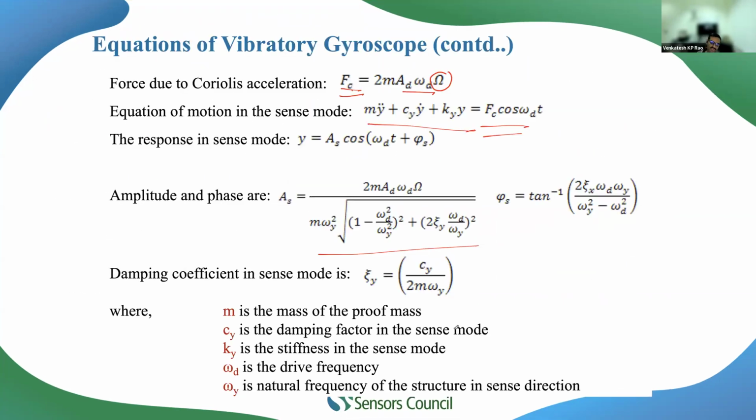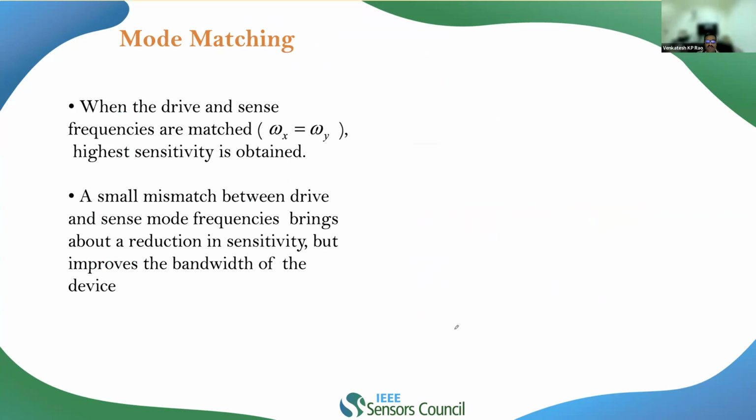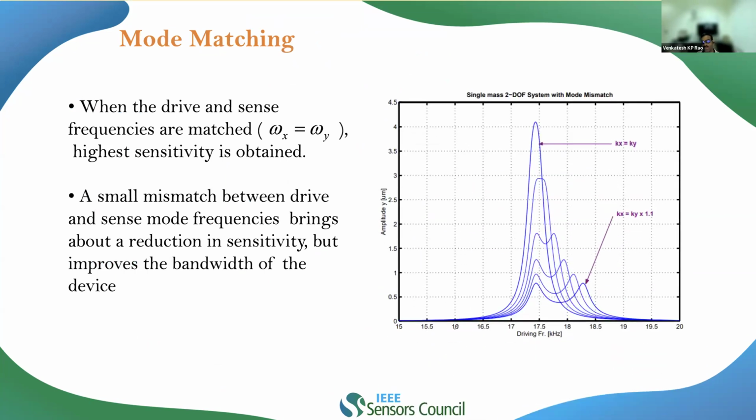And once we look at this, we can see that whenever there is a perfect match between the drive and sense mode frequencies, we get a maximum amplitude of vibration in the sense direction. That means whenever you design any gyro, ensure that the drive and sense modes are as close as possible.